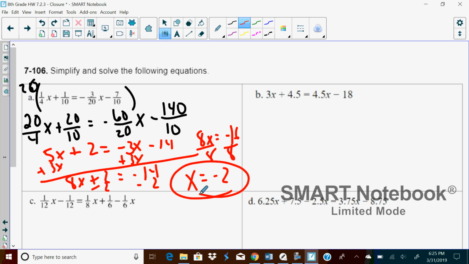For B, I subtracted 4.5x from both sides. So I ended up with a negative 1.5x plus 4.5 minus 18.